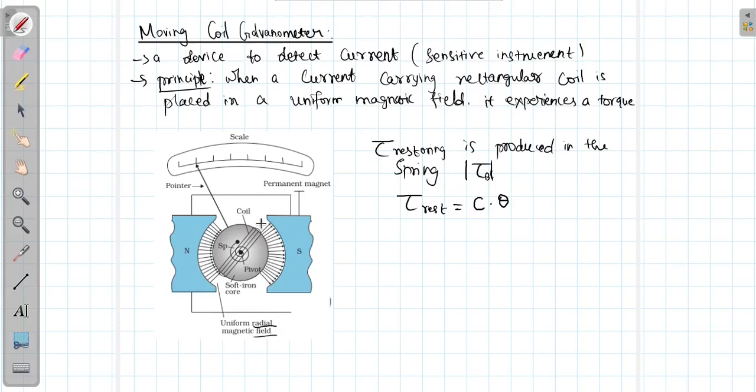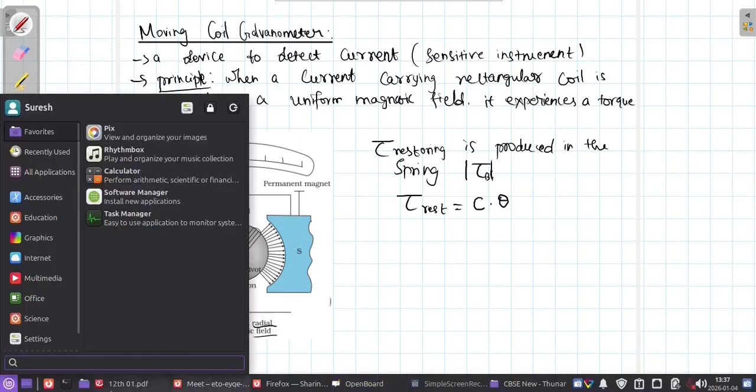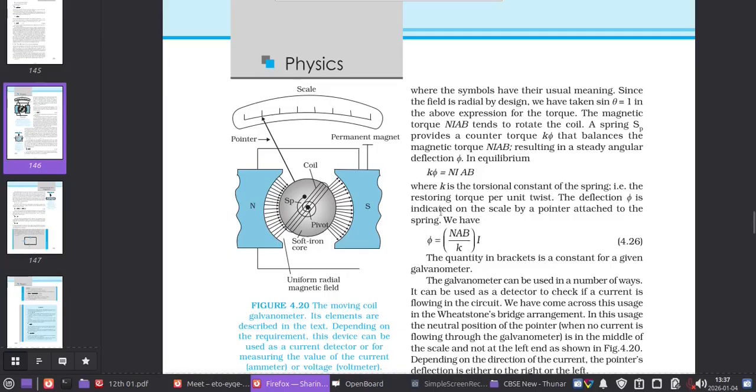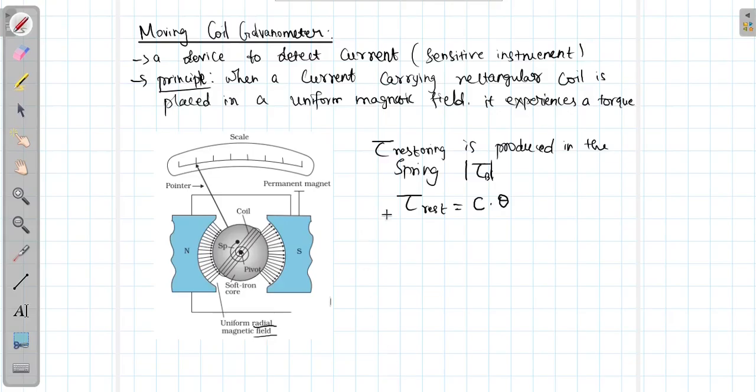Okay. We'll go to the NCERT textbook. Sometimes they use C. Here they have used K, constant K. In class 11, they sometimes use C. Here, the spring constant K and the deflection phi.